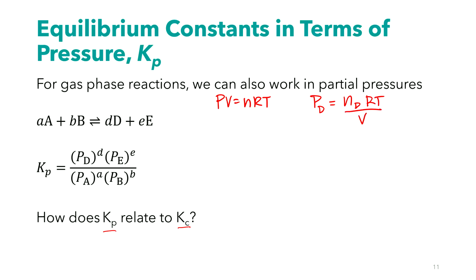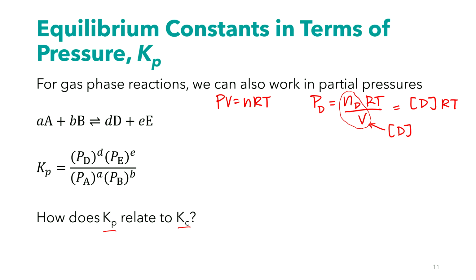Now, I will notice that the moles of D over the volume, that's concentration. So I could write that as the concentration of D, right? Number of moles divided by volume. That's molarity. That's my concentration. All right, I could do that for every single one. I could say, all right, for D, E, A, and B, those pressures equal the concentration times RT.